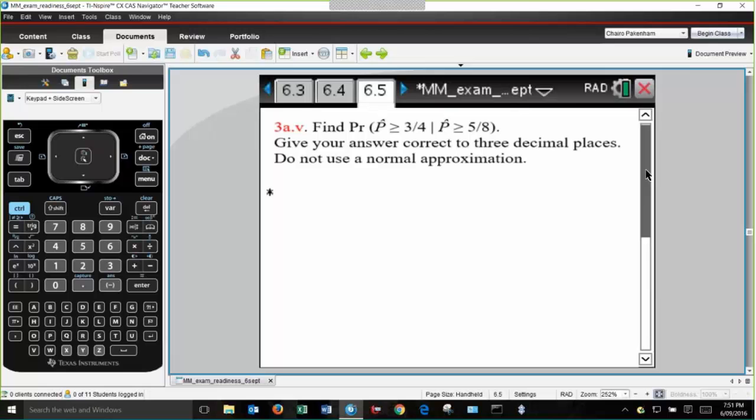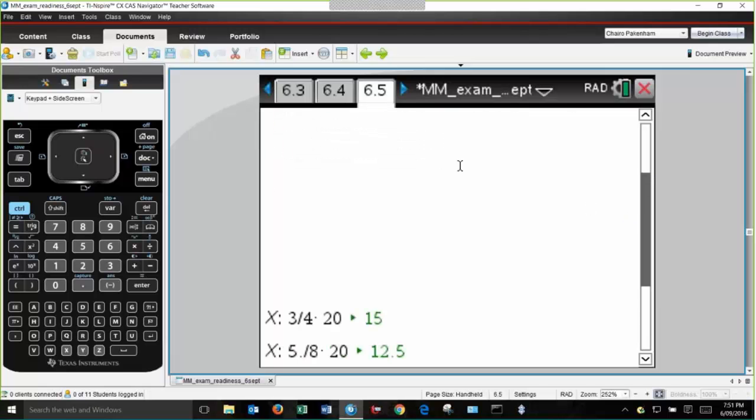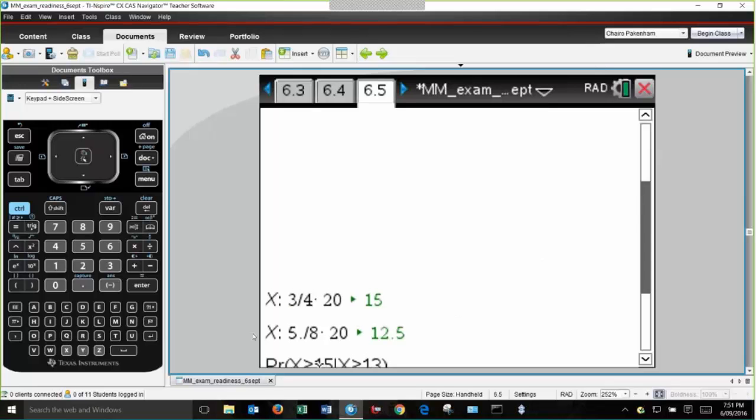So I can start off by using the fact that x is n times p hat, and a p hat value of 3/4 corresponds to an x value of 15.